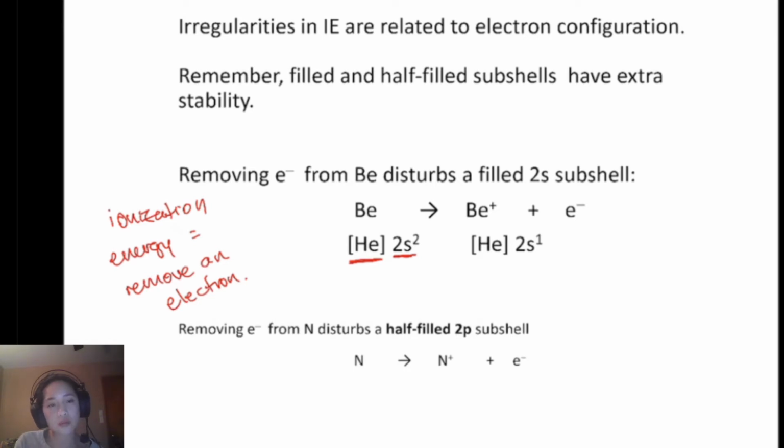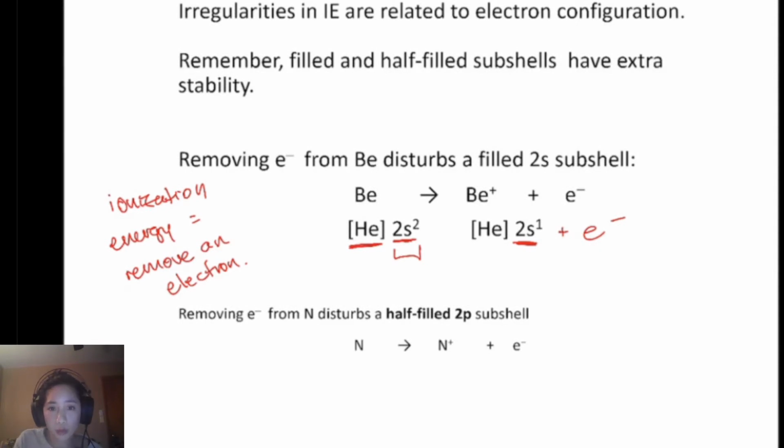We're going to remove an electron from its outermost shell, its valence electrons. The only valence electrons that we have are in the 2s orbital. So if we write the new electron configuration for the cation we form when we remove that electron, we're removing an electron from the 2s orbital, so that leaves a 2s1.